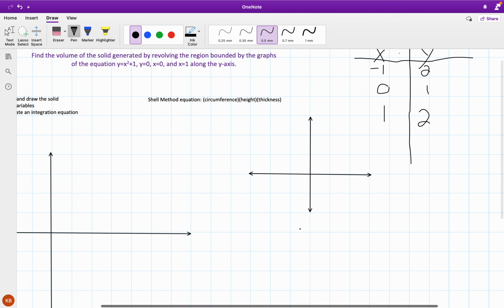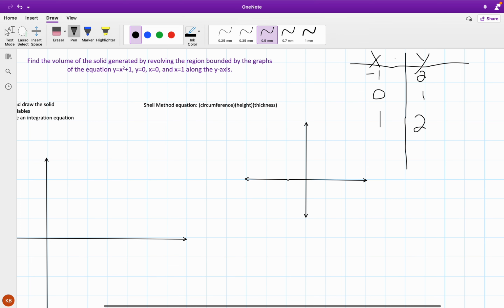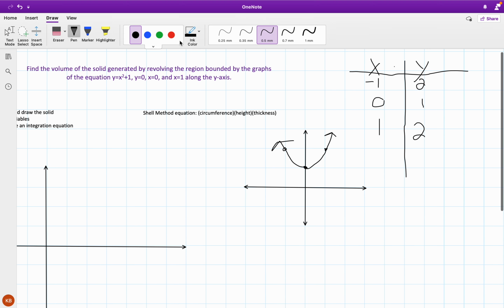So now we're going to just graph the equation. -1, 2, positive 1, 2, and 0, 1. So this is what our graph is going to look like. And then we are going to find where it would be bounded.